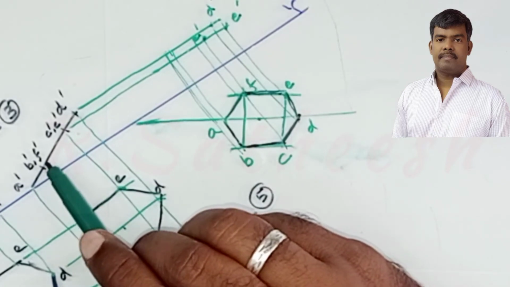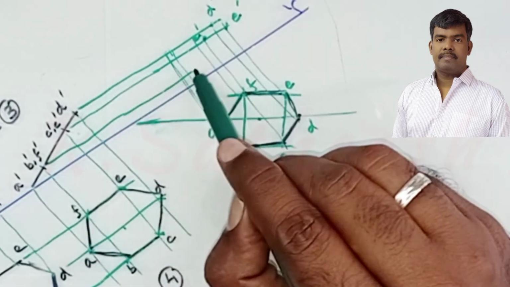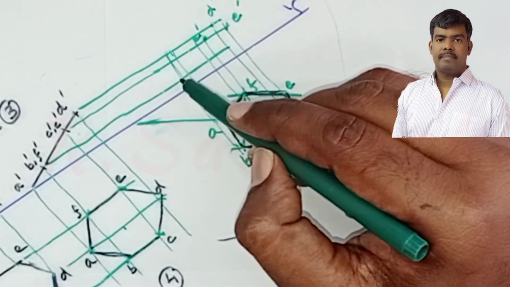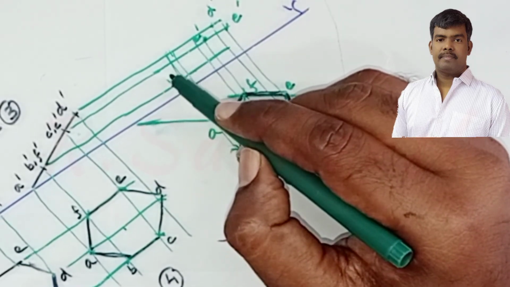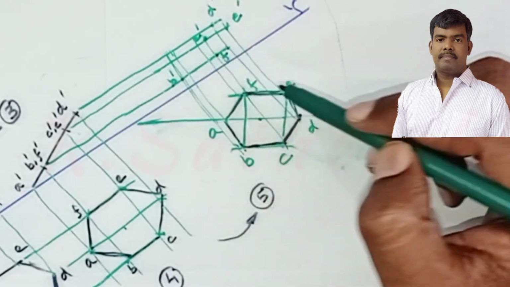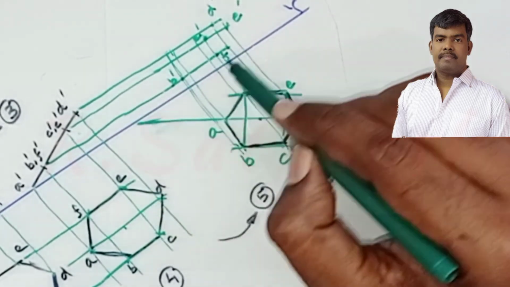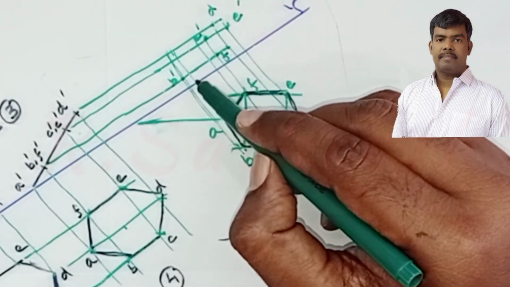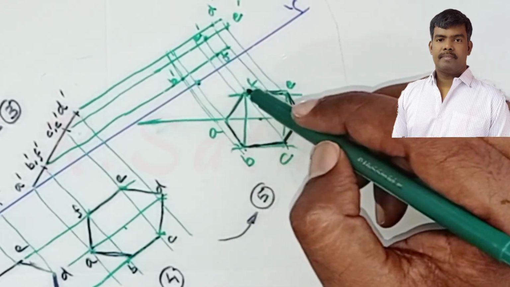Next B and F: where is B? The last one. So this one is B dash, and this one is F dash. F versus F. Next A versus A, this one.